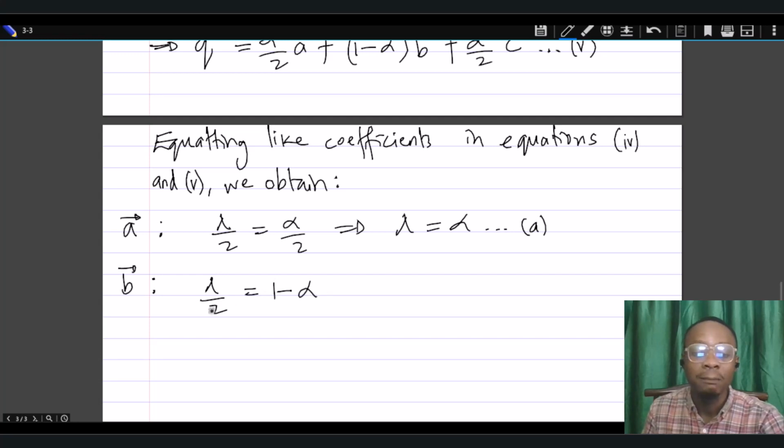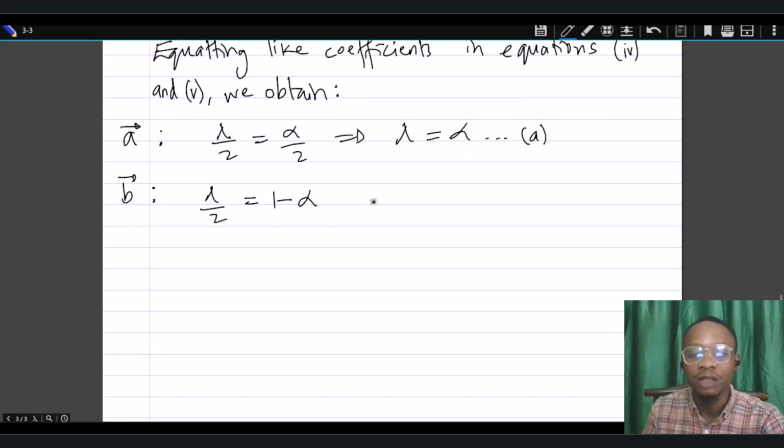So can we simplify this even further? Yes, since we know that alpha is equal to lambda from equation 1, we can simplify this further, but let's write it out first as it is. So this is going to give us lambda over 2 plus alpha to be equal to 1. Okay, so let's keep that first as equation B.